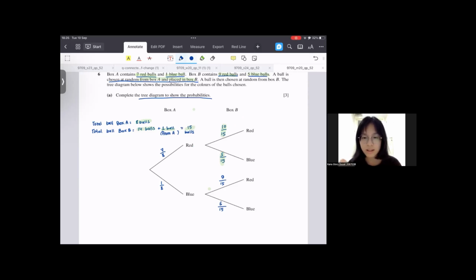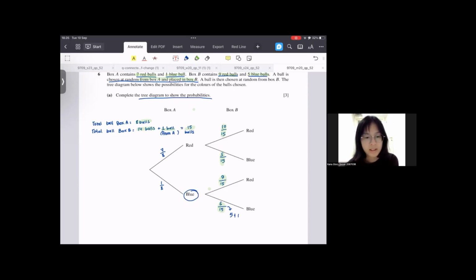And then the next probabilities we can get is 9 per 15 for red and 6 per 15 for blue. And 6 here is from 5 plus 1 of the blues. So that's how we complete the tree diagram.